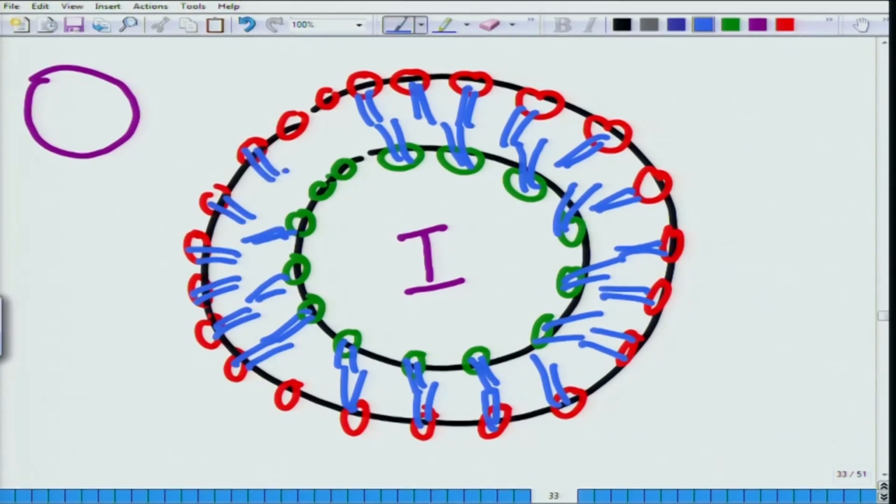So, why did I draw it like this? In order to understand this, I have to take you to a very old experiment.